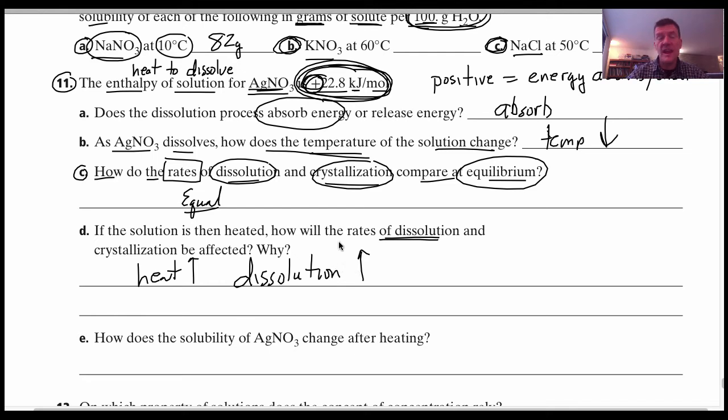And then you could probably add more and more if you wanted to. You could add more silver nitrate, and then it would get back to equilibrium. Okay, and then again, the dissolution and the recrystallization processes would have the same rate. But initially, if you heat it up, it's going to be able to dissolve more, especially because you notice here, it's adding energy. You're adding energy. So if you add more, it's just going to encourage this dissolution process.